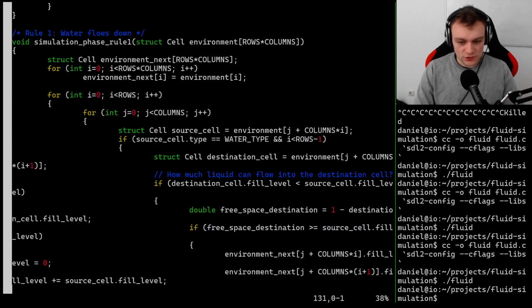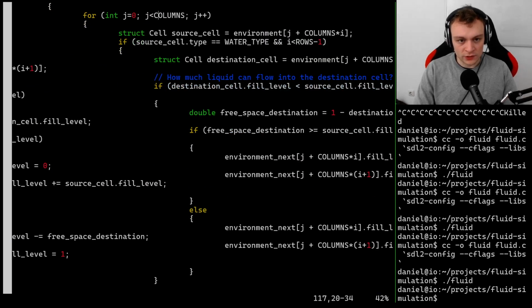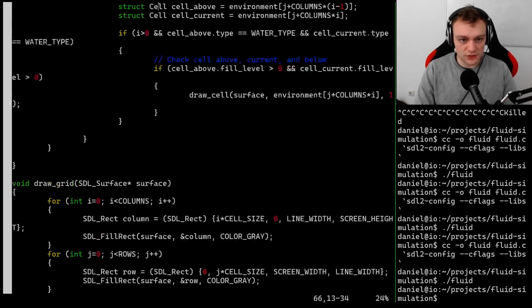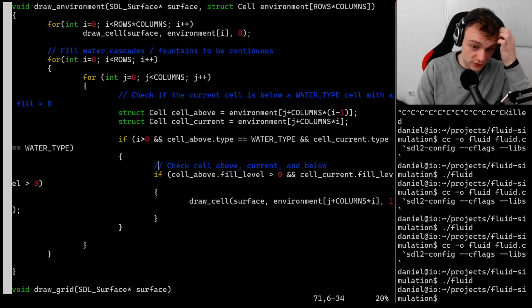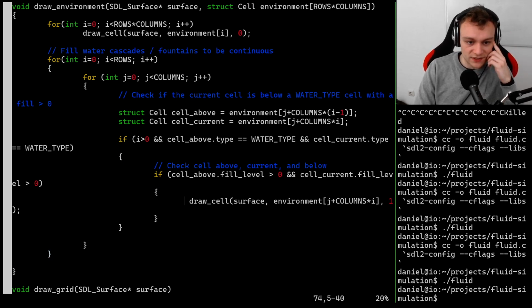This is interesting, but these are the kinds of errors where I'm 100% sure that they are completely stupid and I just don't see it. And probably you already see it and you are wondering for the last 20 minutes what the hell I'm doing, but I haven't found it yet.